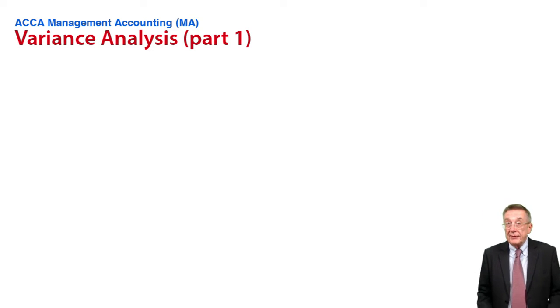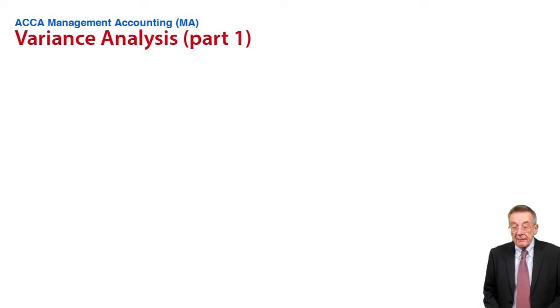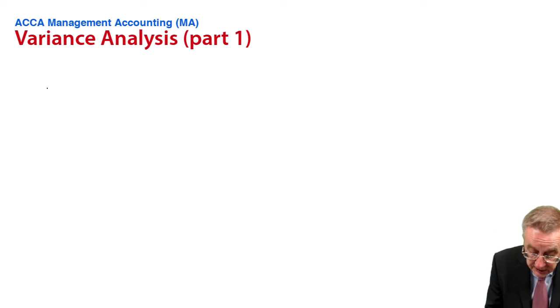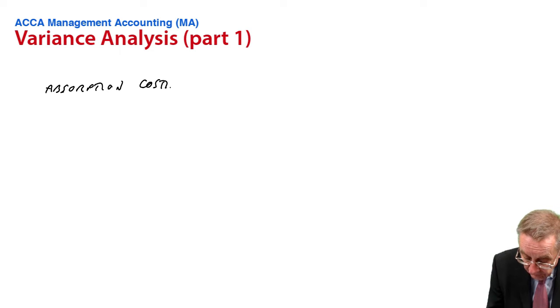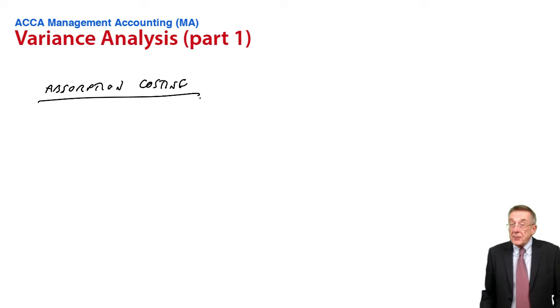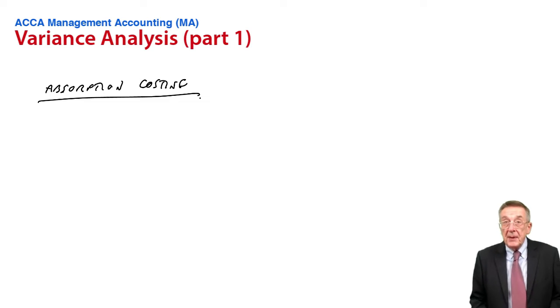They've absorbed $15 a unit. So it is absorption costing, which is going to be very important as we go through. It could have been marginal costing. I'll explain later what differences there'd be to what we're doing if it's marginal. But it is absorption costing.